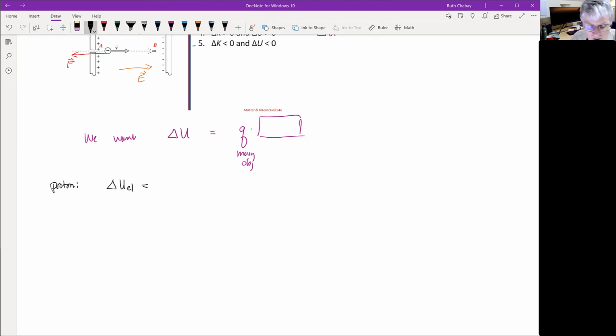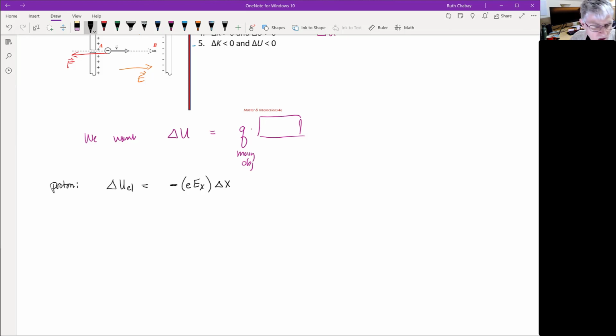The force on the proton was the charge of the proton times the x component of the electric field. The displacement was delta x, and then we want the negative of that.